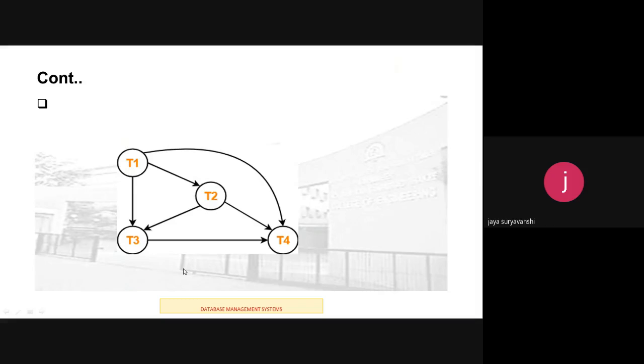So we conclude that the given schedule is also view serializable, because we already covered this: whenever the schedule is conflict serializable, then it is surely view serializable. That particular problem satisfied this condition. There is no cycle in the precedence graph and the given schedule is conflict serializable, therefore the given schedule is also view serializable.